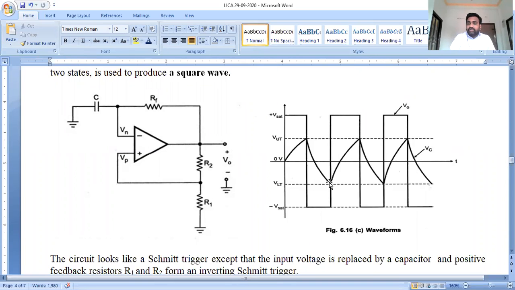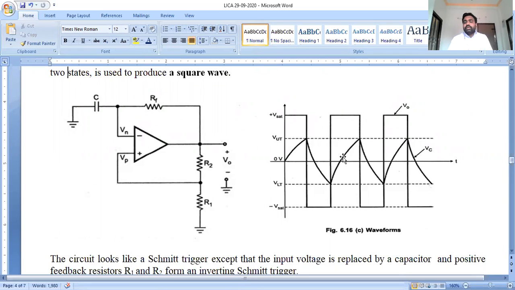If it discharges slightly beyond the lower threshold voltage, the output swings from minus Vsat to plus Vsat, and the capacitor again starts charging.